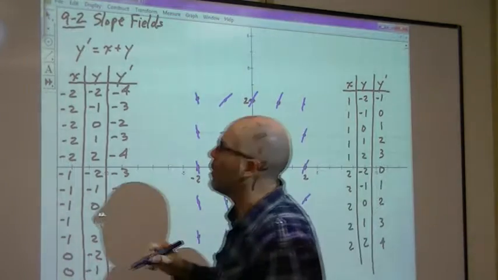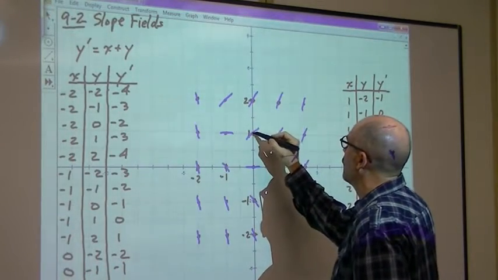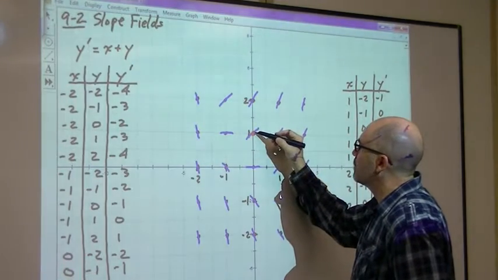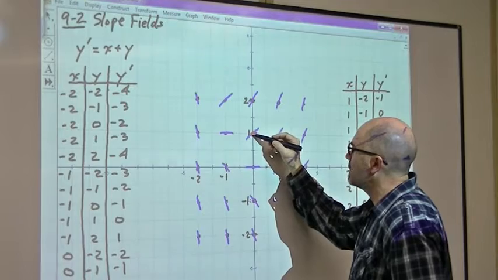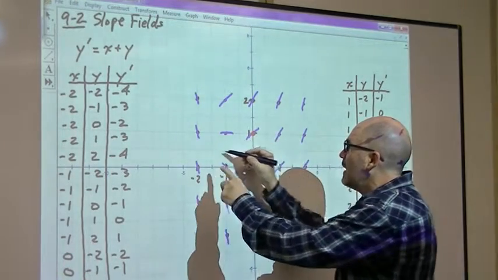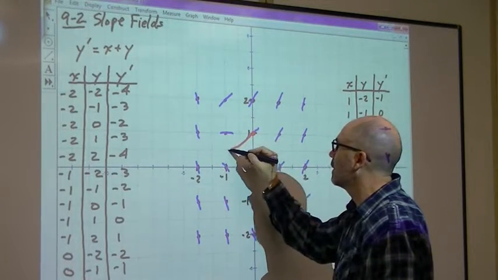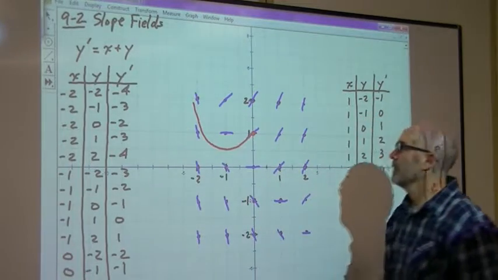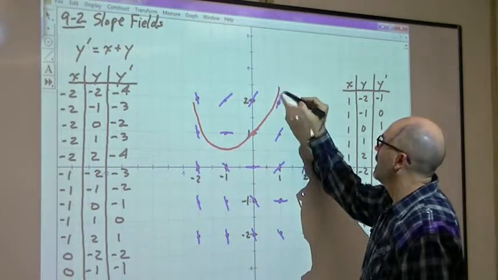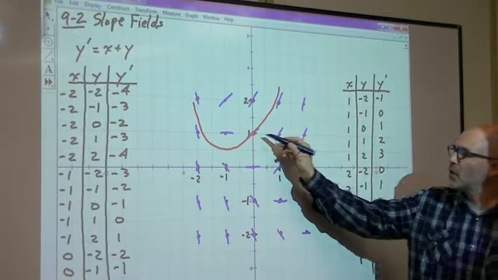Well, we start at 0, 1. So there's my 0, 1. Now the current is pushing it down this way to begin with. But then we see that it levels off, and then it goes back up. So the current is going to be going like this. And if it keeps going up this way, it gets steeper. So that's roughly my curve starting at 0, 1.